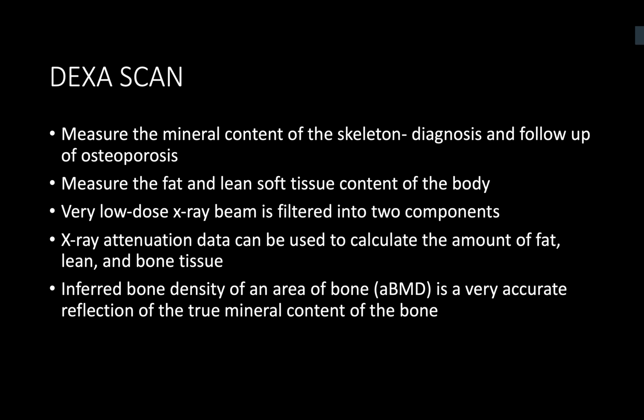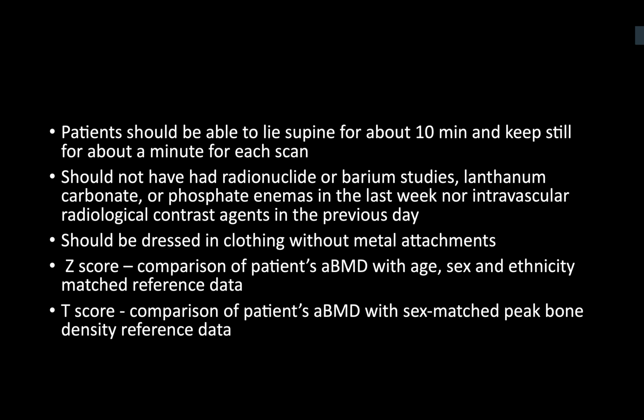This is then compared to data derived from a fit population, the mineral density, and interpreted based on standard deviations from those values to generate a T-score. It's also interpreted in comparison to a cohort of similar age and race to generate a Z-score.